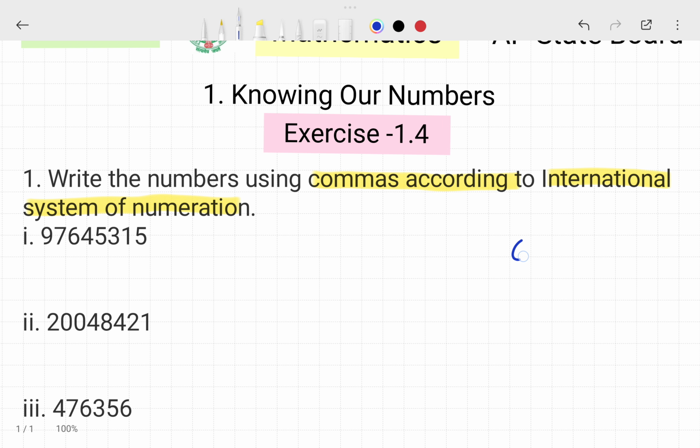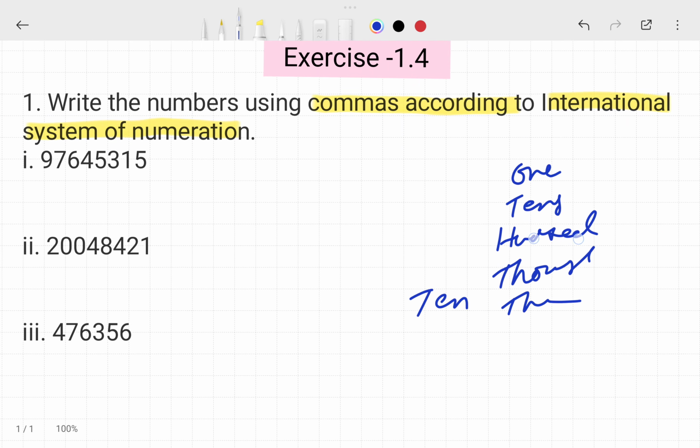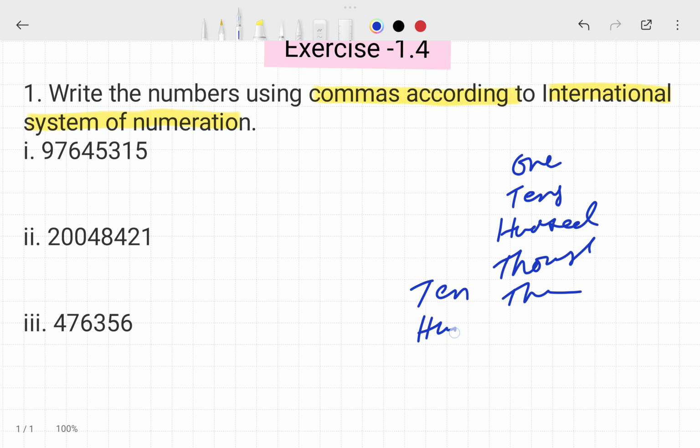We already know that the international number system starts with ones and tens. Let me try to write it properly: ones, tens, hundreds, thousands, ten thousands, and then hundred thousands, and then it starts with the million, then ten million, and then hundred million.